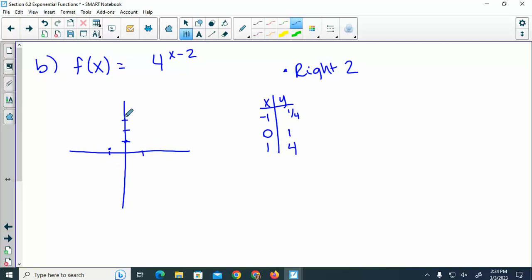Now we just have to move all of those to the right 2. Got that parent, and move each of those points to the right 2.